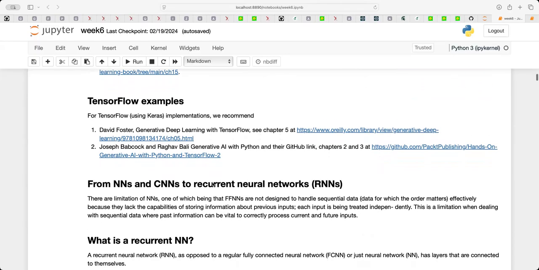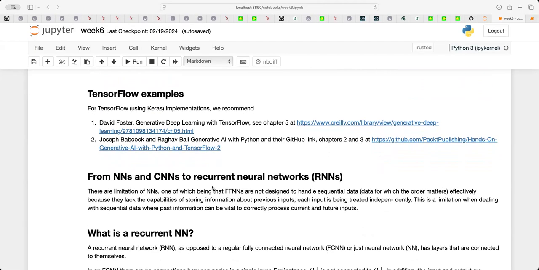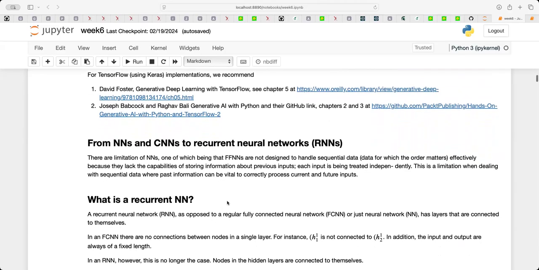Now, just to give you an overarching motivation for why these are interesting things, think of a standard neural network, the way we have been discussing them, and the way you have studied them in different courses. One of the limitations is that they're not designed to handle sequential data.